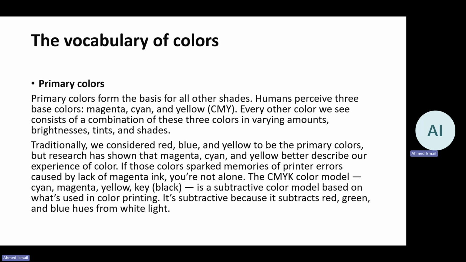Now, these colors are CMY, which are magenta, cyan, and yellow. Magenta, cyan, and yellow. Sometimes they refer to magenta as red, cyan as blue, and yellow, so red and blue and yellow, right?